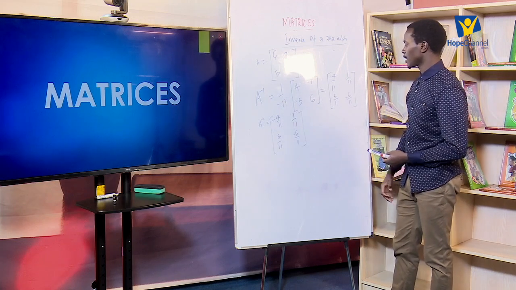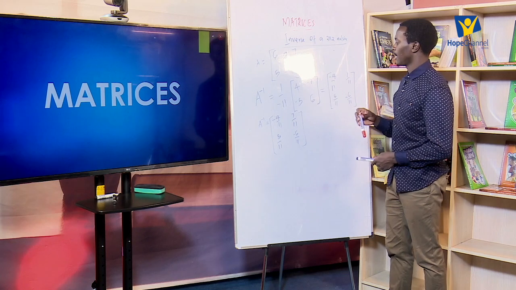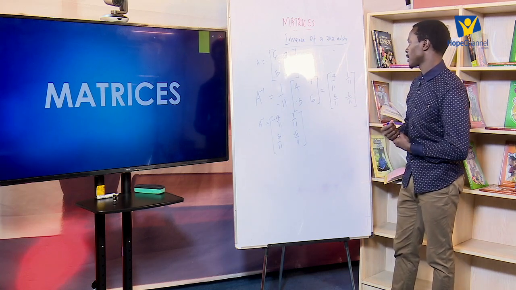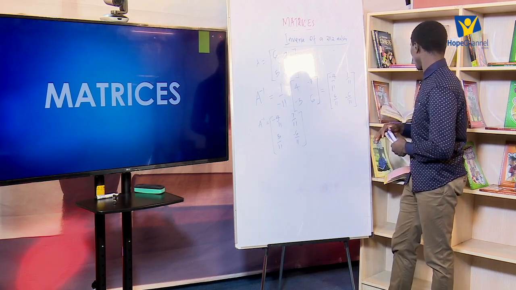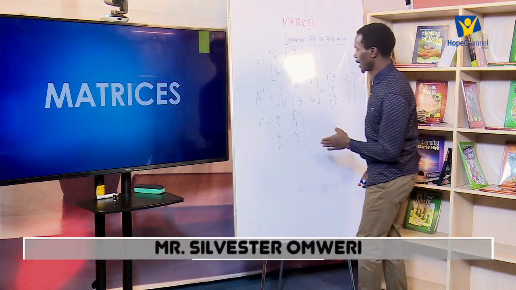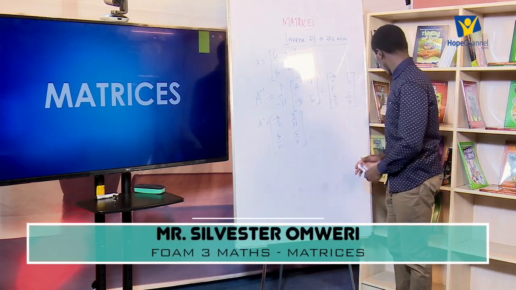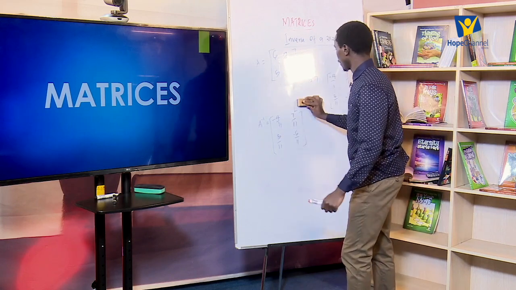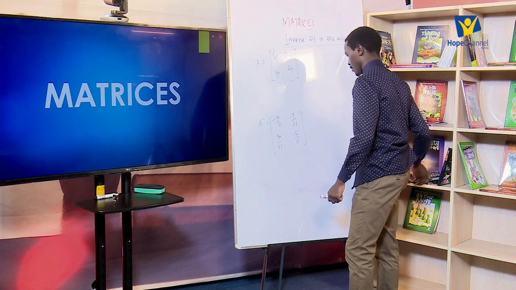But we said that an inverse of a matrix is when you multiply the two and you get the identity matrix. So what you're going to do is basically multiply A by A inverse. After multiplying, we should be able to get an identity matrix. So let's see.